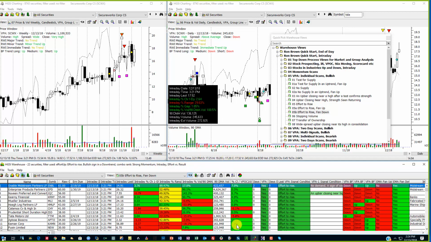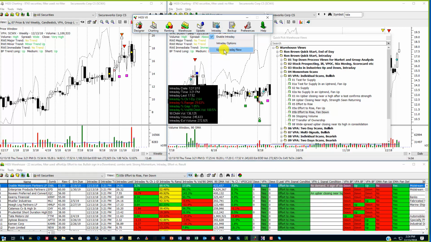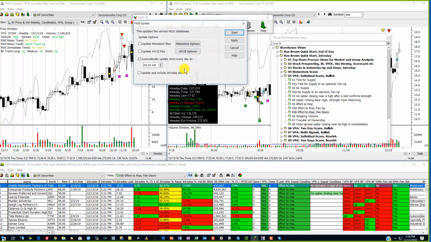Let's just take a second to talk about this. If you do an update and you include the intraday data, yes, it's going to change everything. But if you want to revert back to last night, just come in here and make sure you deselect this, because you're going to have that selected during your intraday update.